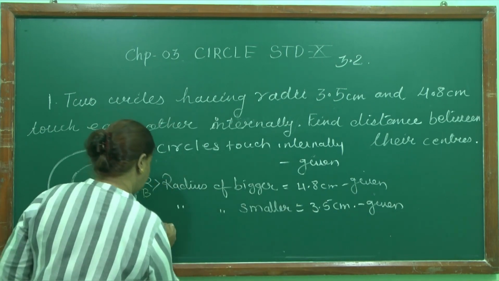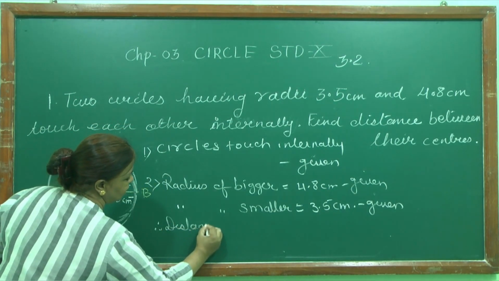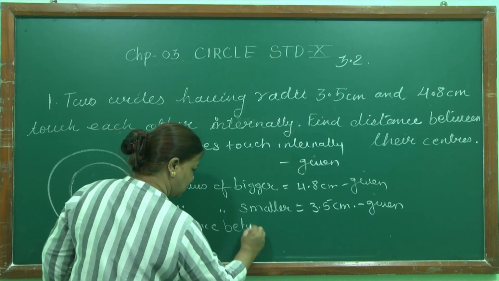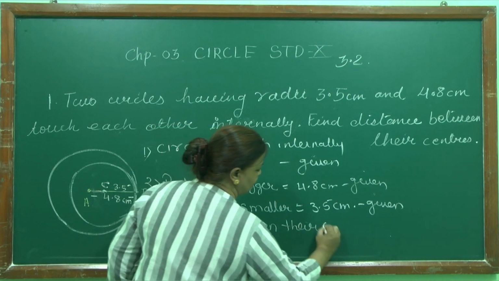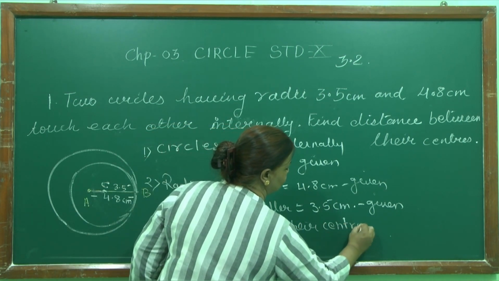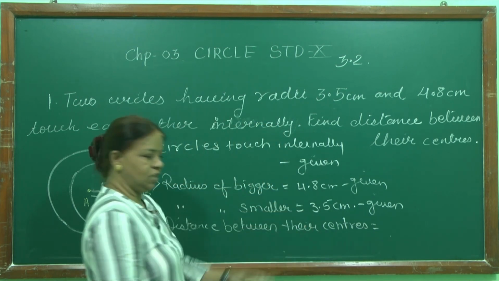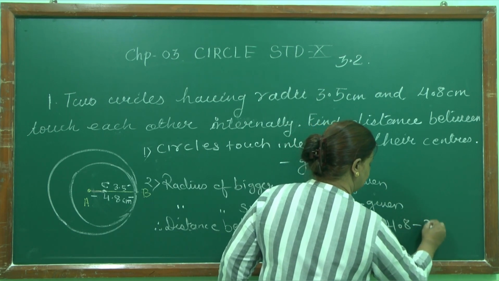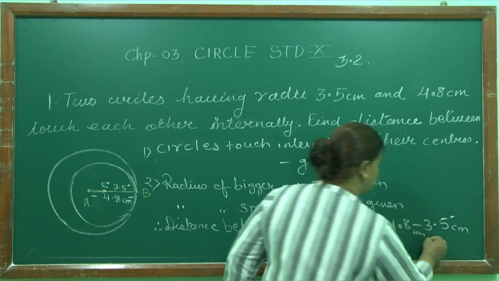And therefore distance between their centers is equal to radius of bigger circle minus radius of smaller circle. So 4.8 minus 3.5 centimeter. Now how to do subtraction, children?